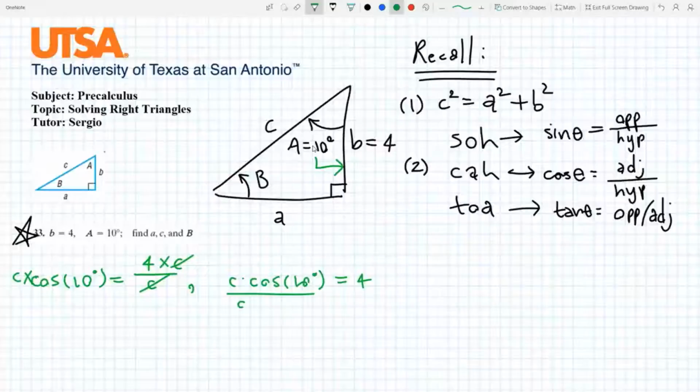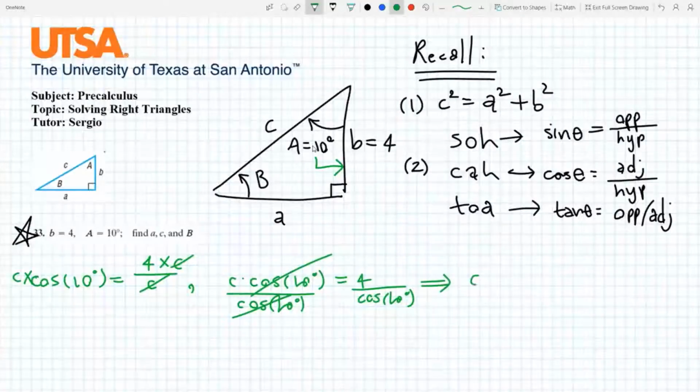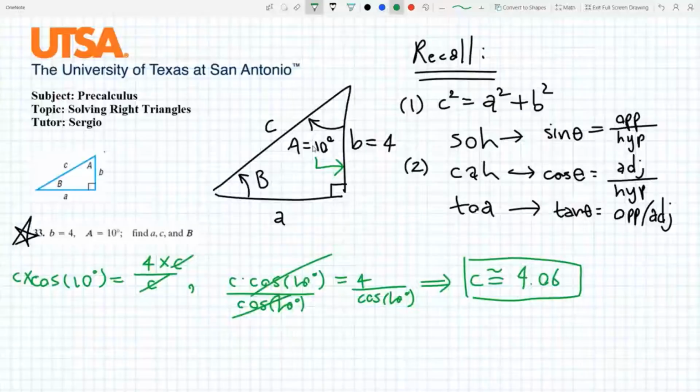And then in order to solve for the hypotenuse C, I divide on both sides of this equation by the cosine of 10 degrees. Now I am left with C is approximately equal to 4 divided by cosine of 10 degrees, which is about 4.06. And I will box this in because that's part of my answer.